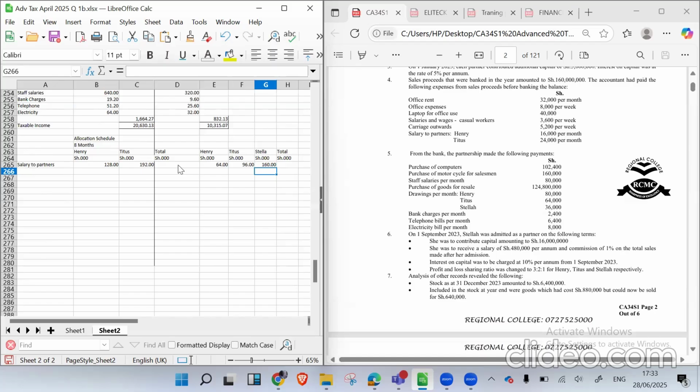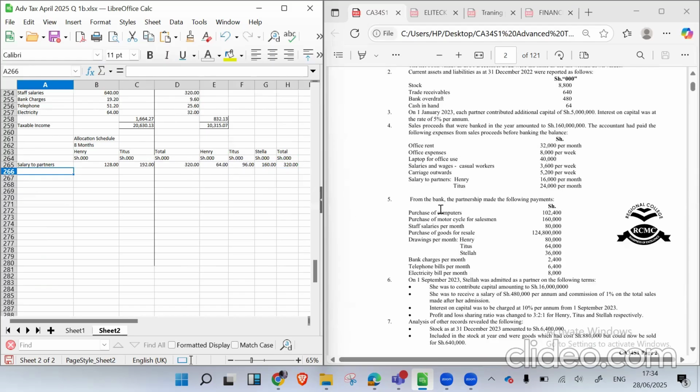It's just the tricks, the small tricks that trouble us. But once you relax and you internalize and interpret the information, you are good to go. So you have the totals here. The total for that, and you have the total for the 3.